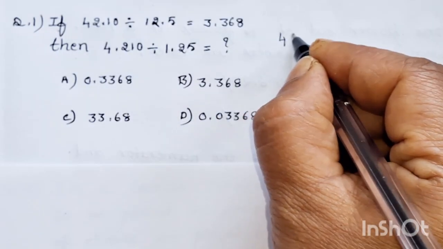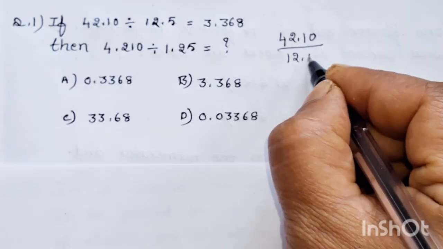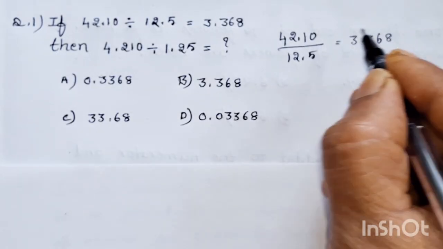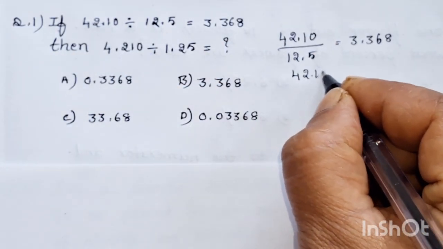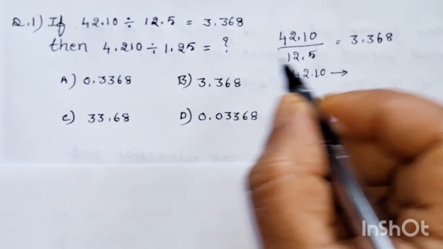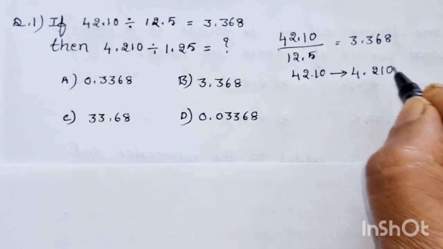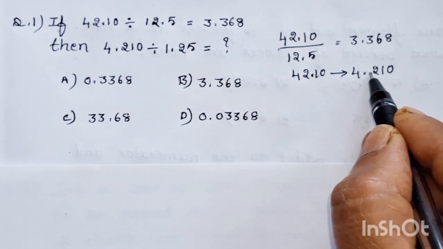Look at the question. 42.10 is divided by 12.5, which gives the answer 3.368. 42.10 has become 4.210, that means the decimal point has jumped to the left side by 1 digit.